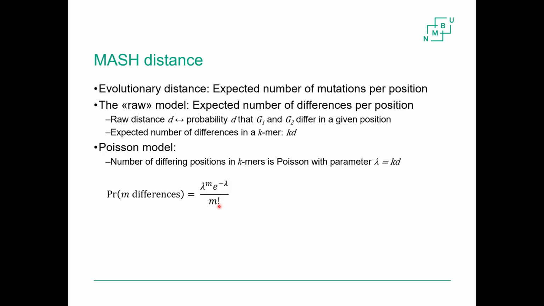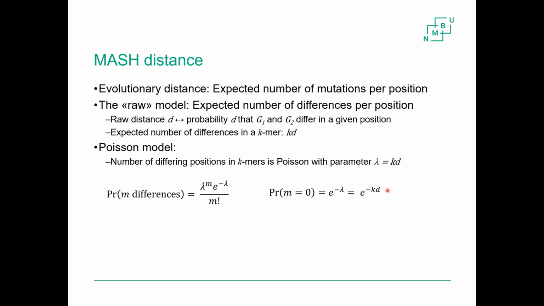This is taken directly from the textbook in statistics. Then if we compute the probability of m equals 0, plugging m equals 0 into this formula, the result is very simple: just e to the minus lambda, and then we replace lambda with kd, so we have this simple expression.